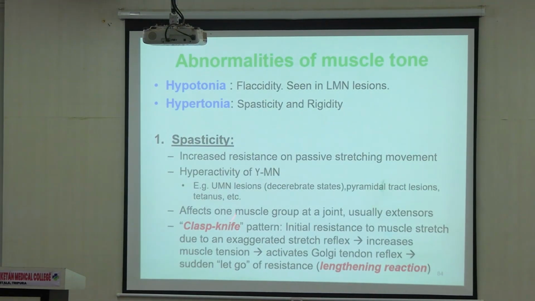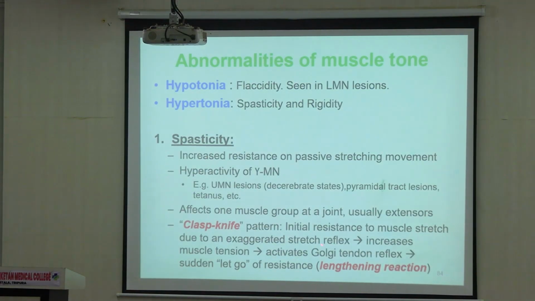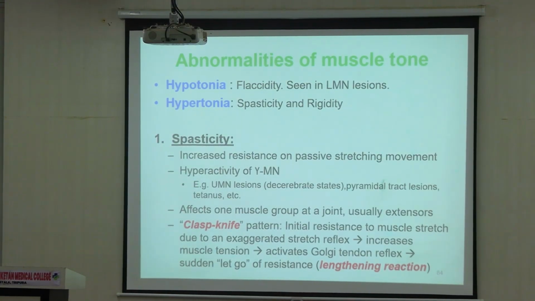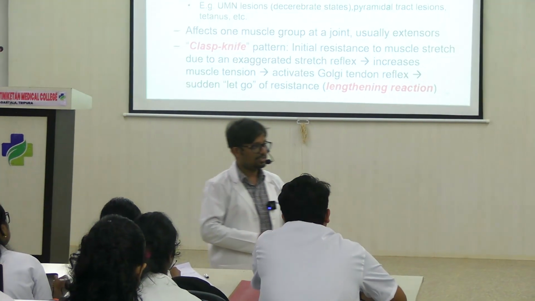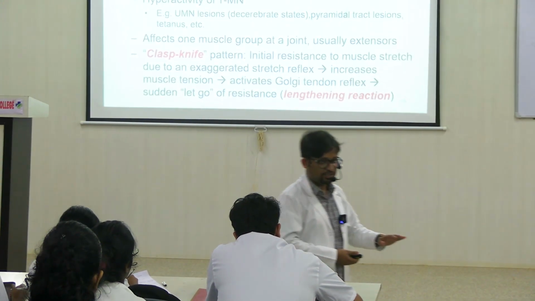In that context this term or phrase is used, and you will see one more important thing here: clinically, before you go on to the investigation, you get a patient where the tone is increased. So how do you know whether it is spasticity or rigidity?